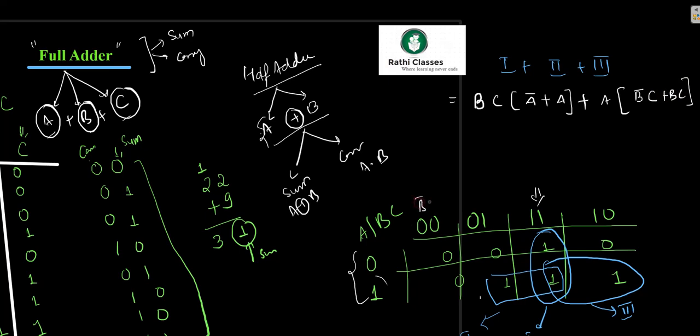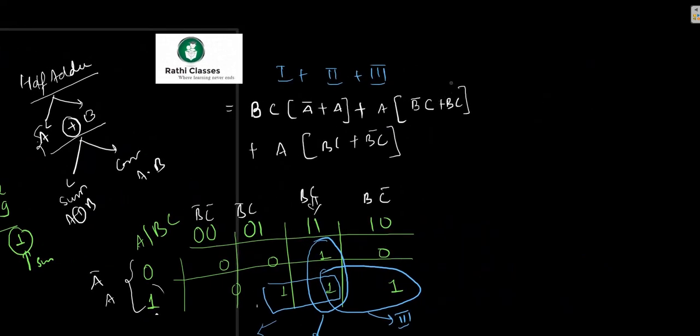Since this is B bar C bar, this is B bar C, this is BC and this is BC bar. And the third case is, again row is fixed, that is A, so I will be writing A dot BC plus BC bar.